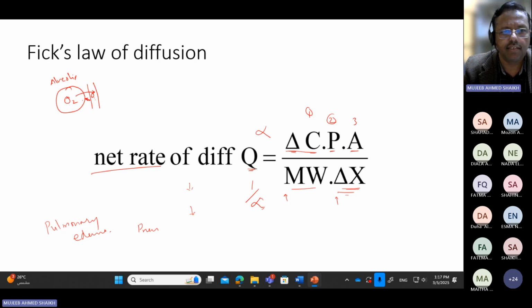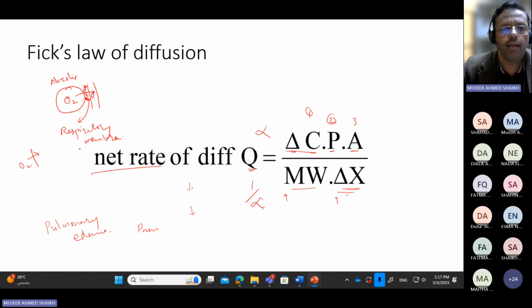This area is called the pulmonary or respiratory membrane. If this respiratory membrane is thin, just like this, I have drawn it slightly bigger, it is easy for oxygen to travel.